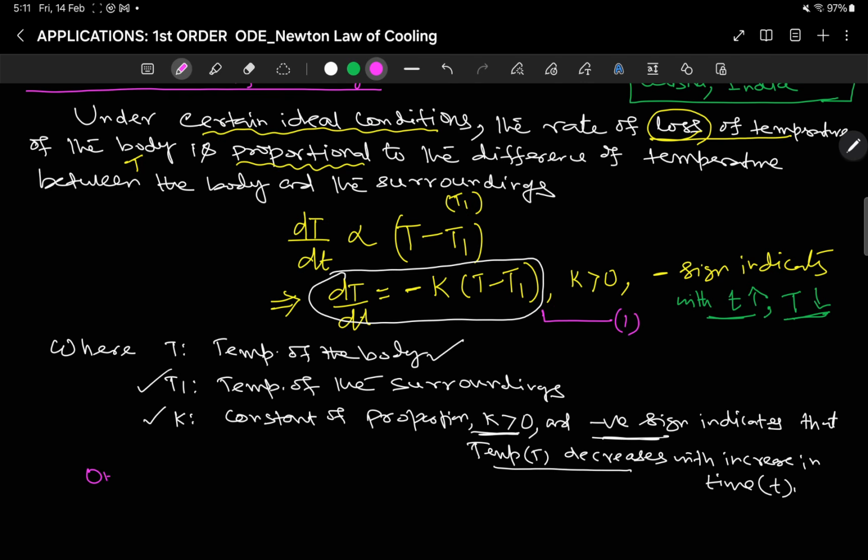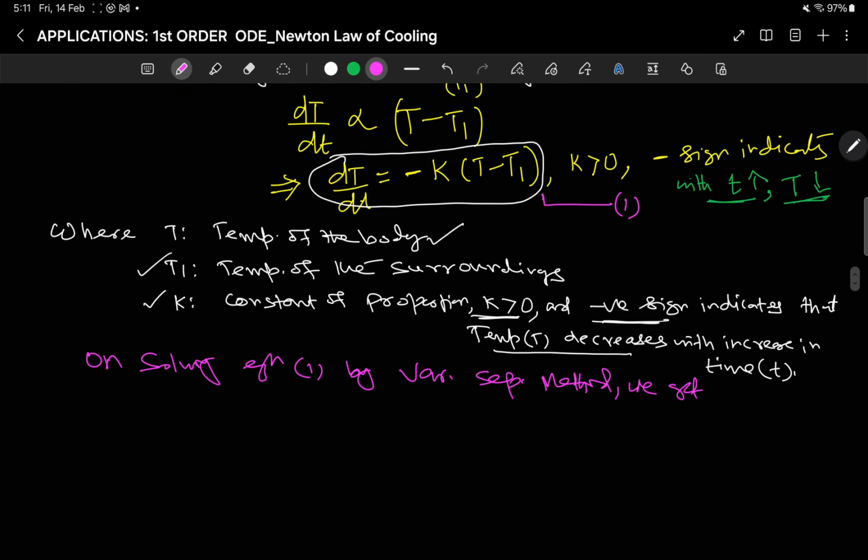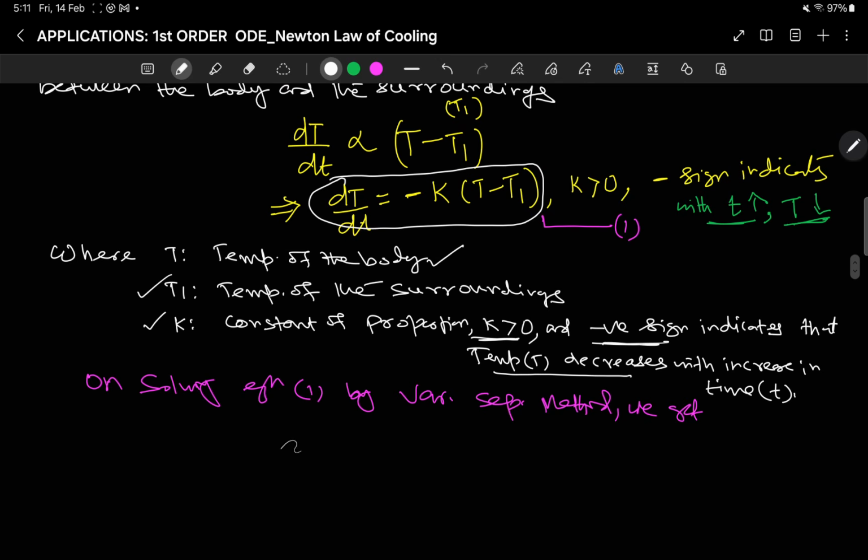On solving equation 1 by variable separation method, we get, bringing this to this side, dT divided by (T - T1) is -k times dt.